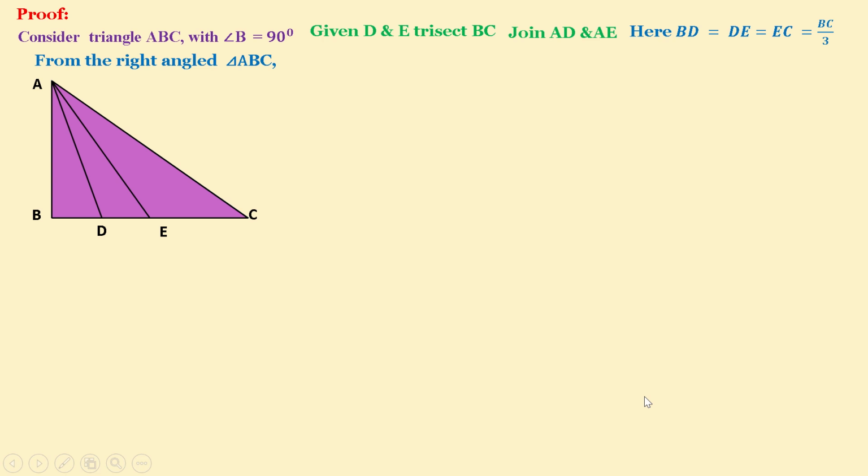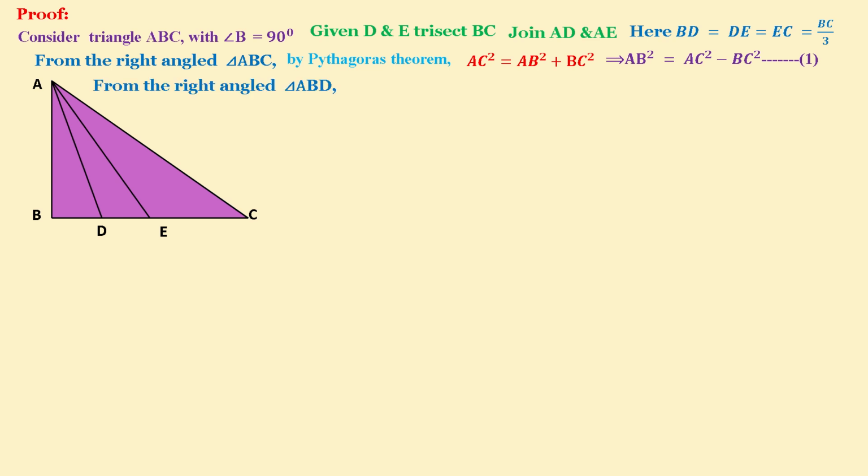From the right angle triangle ABC, by Pythagoras theorem, AC square is equal to AB square plus BC square. This implies AB square is equal to AC square minus BC square, equation number 1. From the right angle triangle ABD, AD square equals AB square plus BD square.